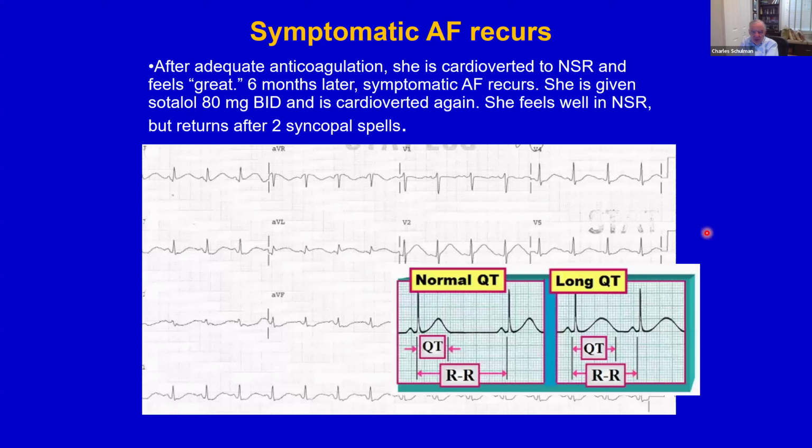What you should notice is that the QT interval is prolonged. The normal QT is less than half the RR. A prolonged QT is more than half the RR. And this QT starts here and goes almost all the way over to here. So this is a prolonged QT.